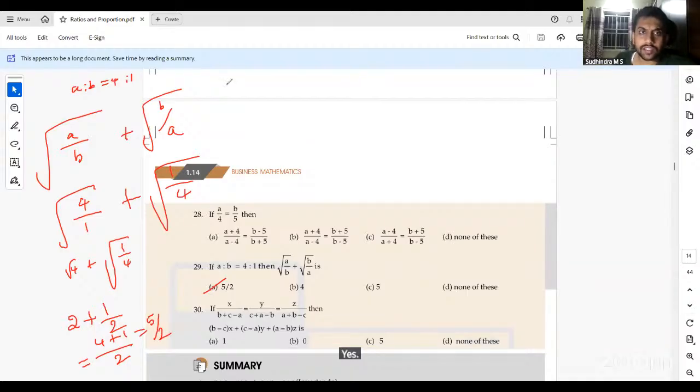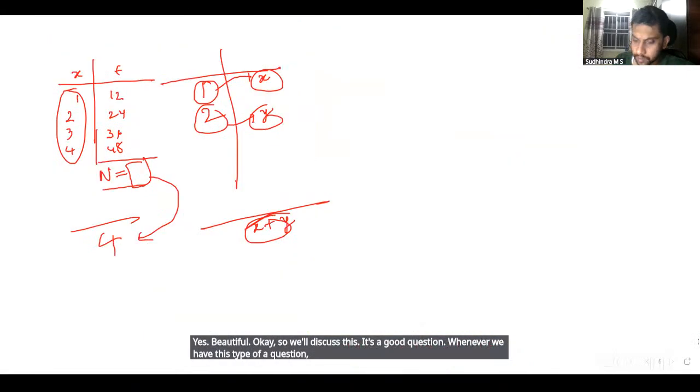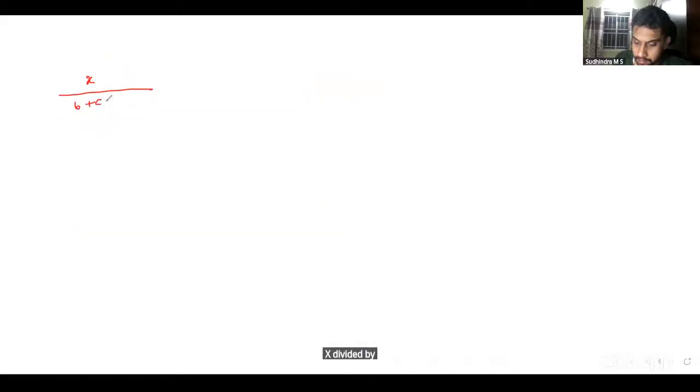Beautiful. Okay, so we'll discuss this. It's a good question. Whenever we have this type of question, x divided by b plus c minus a equals y divided by c plus a minus b equals z divided by a plus b minus c.